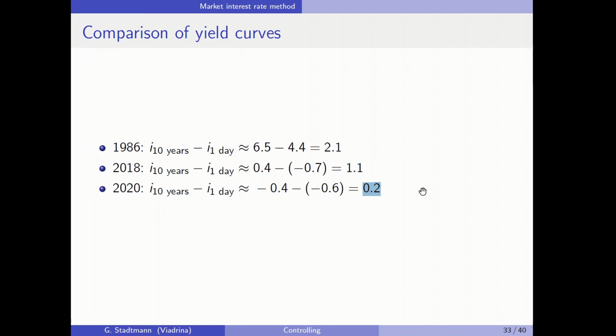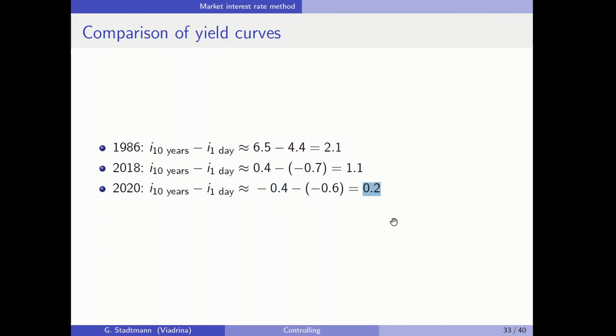In 1986, the profit margin was 10 times higher than today. It is very hard for the bank to make money in this game. We are borrowing liquidity short-term and we are investing in long-term assets, but because the yield curve is pretty flat, this does not work out anymore.